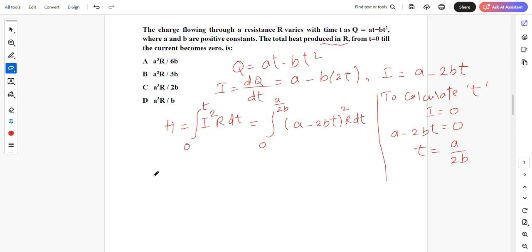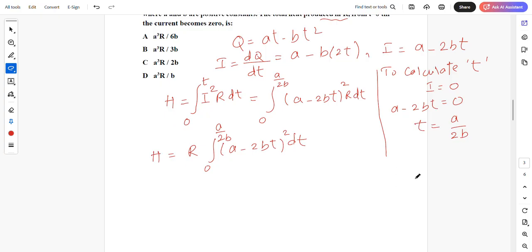Now here H is given by, I can take this constant R outside, integration of (a minus 2bt) the whole square with respect to t, limits of integration 0 to a by 2b. Now how to integrate this one? I will give one technique, one formula of integration that you have to remember easily.